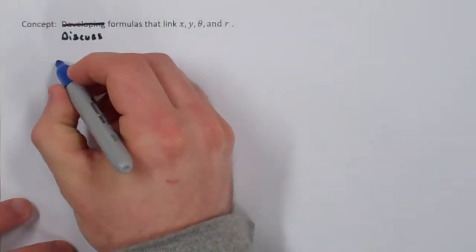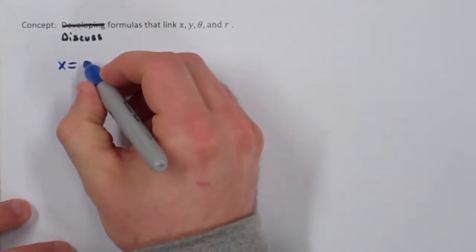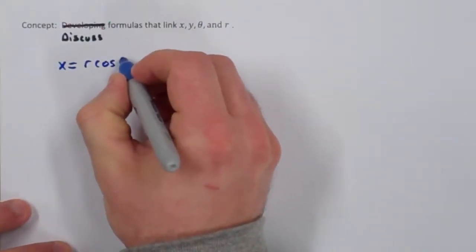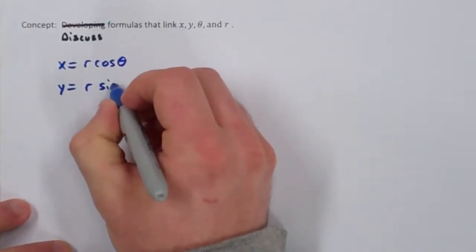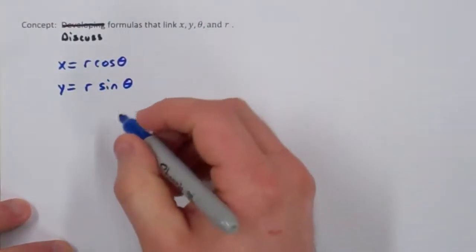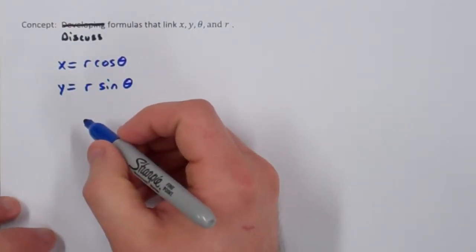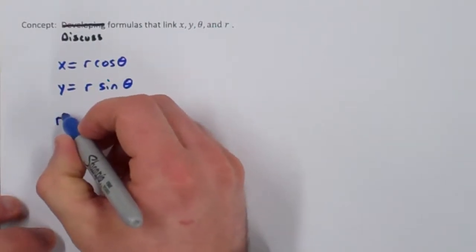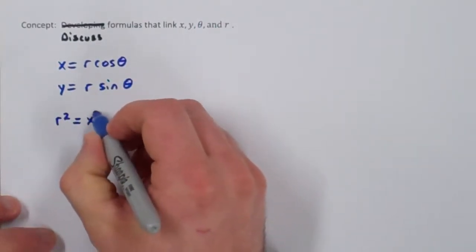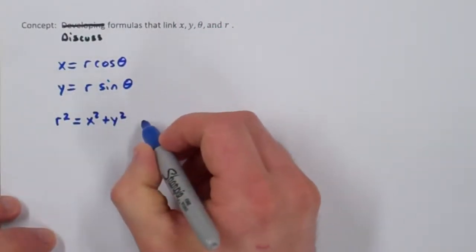So I'll just remind you of a few of those equations. We've got x is equal to r cosine theta, y is equal to r sine theta, and then we also developed some formulas to go from rectangular to polar, so we've got r squared is equal to x squared plus y squared.